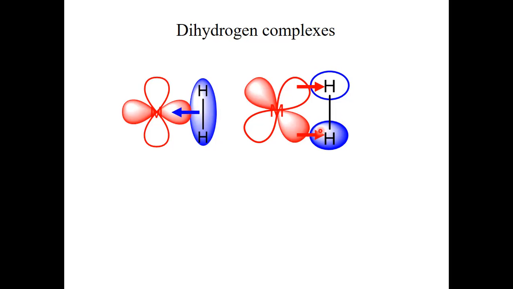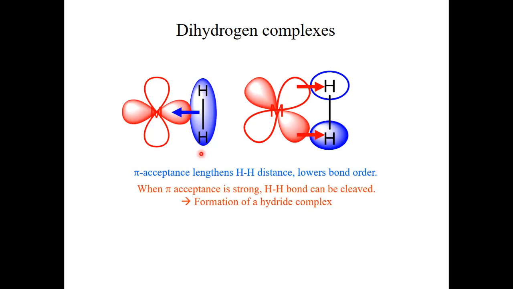So that when these interactions are just strong enough, the hydrogen-hydrogen bond will actually cleave. Okay, and then you are forming a hydride complex in which two individual hydride anions bind to the transition metal without any interaction between the two hydrogen atoms.